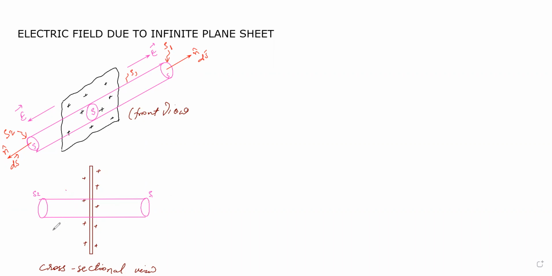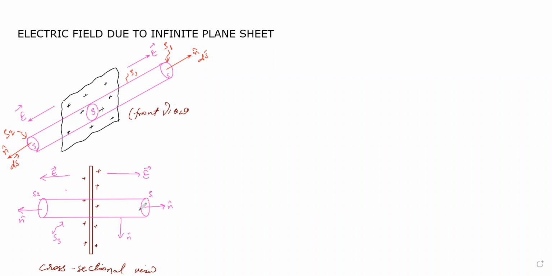And this one is your surface number 3. Electric field lines from the right-hand side will be along this direction, and for the left-hand side, along this direction. The area vector is along this one. The area vector for the curved surface and for surface 3 will be along this direction.